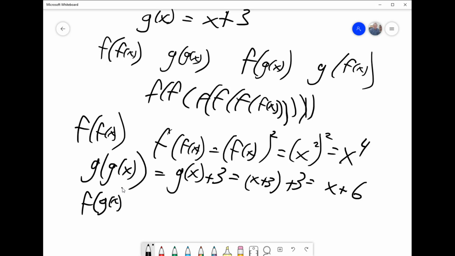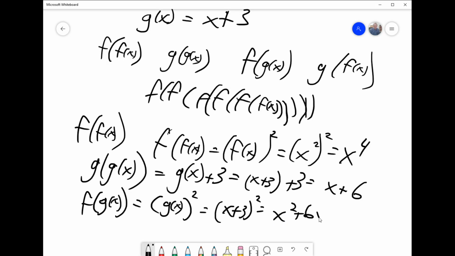F of g of x would be our f of x, which is x squared, but with a g of x there instead. So this is x plus 3 squared, or x squared plus 6x plus 9.